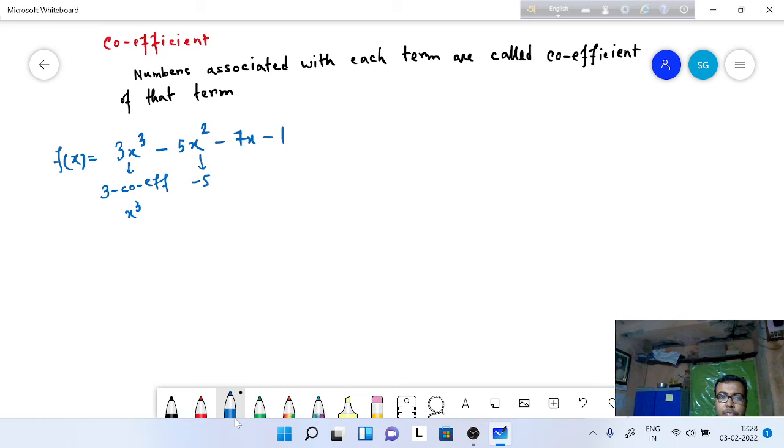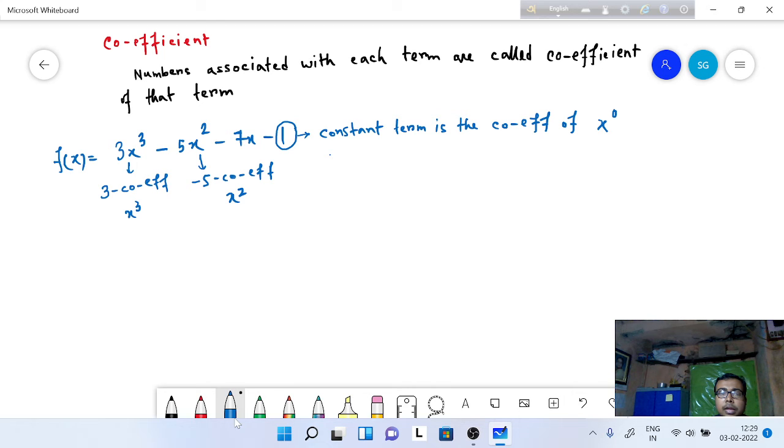So minus 5 is the coefficient of x square, and this is the coefficient of x, and always remember that any constant term is the coefficient of x to the power 0.